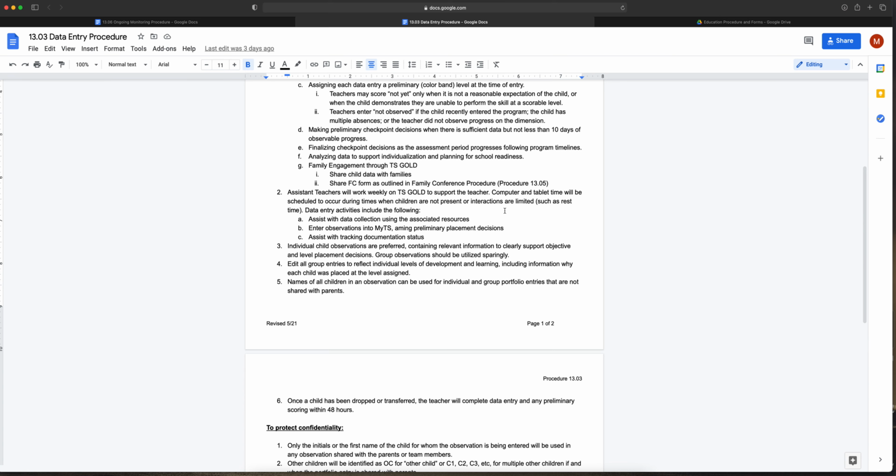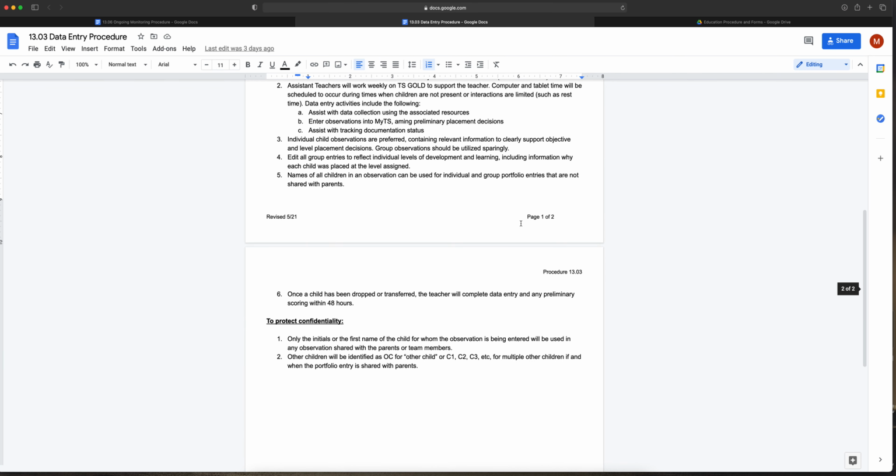For both the assistant teacher and the teacher, it's very important that data entry is only scheduled to occur when either children are not present or interactions are very limited, such as at rest time. It is never appropriate to be entering data, for instance, during interest areas where child interactions should be occurring.